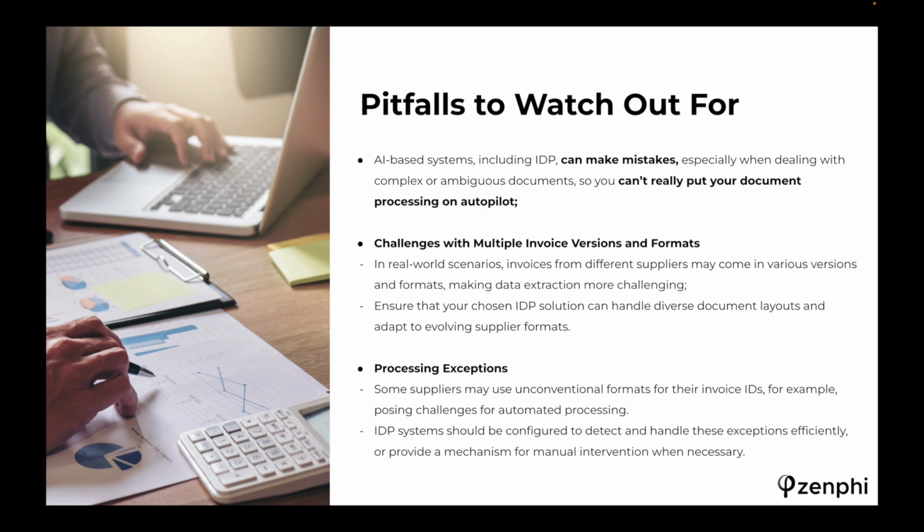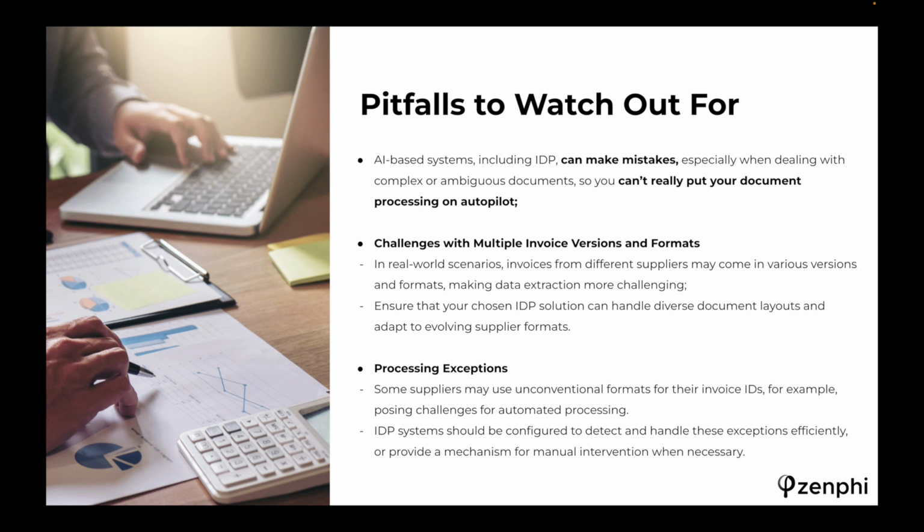And one more time, processing exceptions is something you start with in IDP, and probably you read online that you can put it on autopilot with 99-point-something percent accuracy. But accuracy normally refers to the accuracy of extracting the correct information once identified. The problem is that it wouldn't get identified.